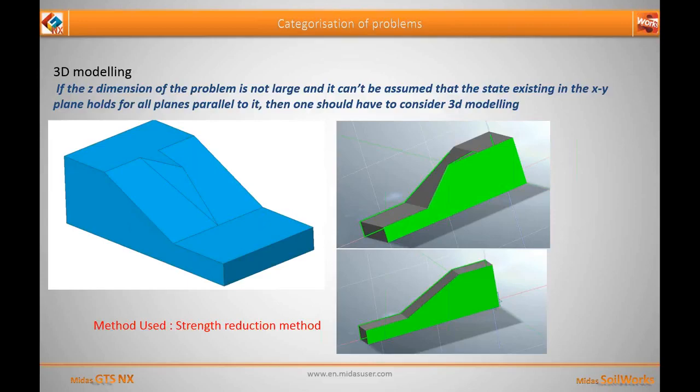So if you consider two different planes, both will give you different factors of safety. So in such cases you can't go for 2D modeling. And for 3D modeling, the method which can be used is the strength reduction method or the finite element method. So this is basically how we categorize the geotechnical problems whenever it comes to slope stability.